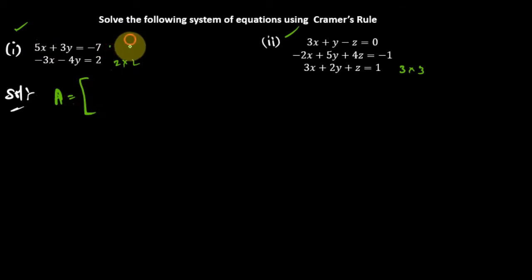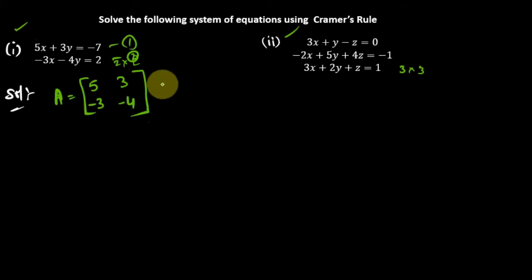This is my first equation and this is my second equation. In my first equation, the coefficient of x is 5 and the coefficient of y is 3. Similarly, in my second row, I write the second equation's coefficients: the coefficient of x is minus 3 and the coefficient of y is minus 4. So this is my matrix A.